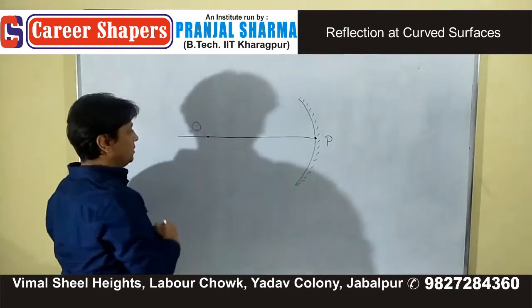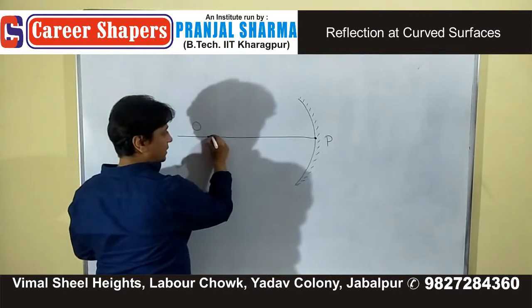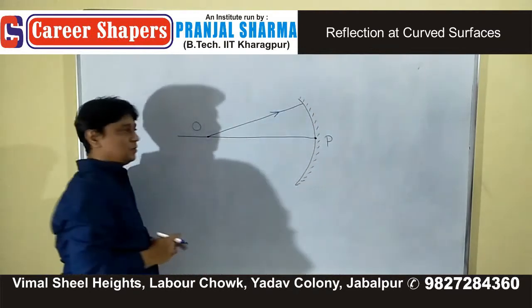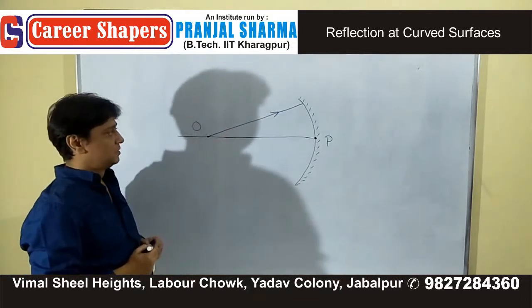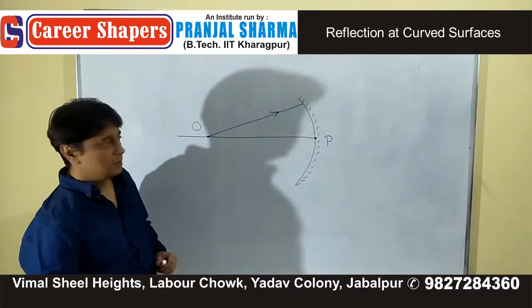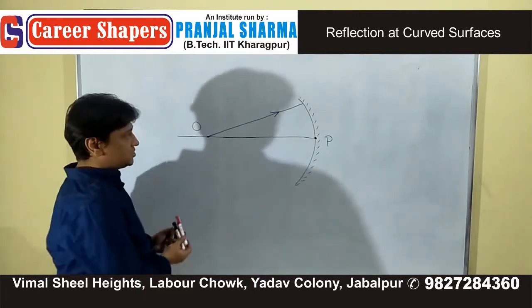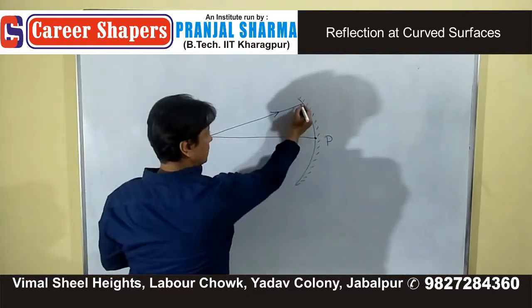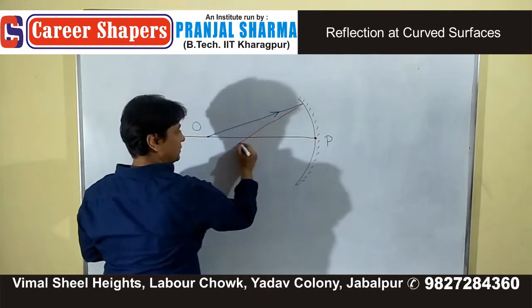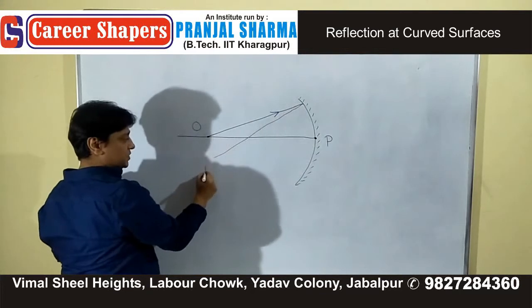When a light ray coming from O falls on this mirror, the next thing you do is draw a normal at this point. This is the normal.